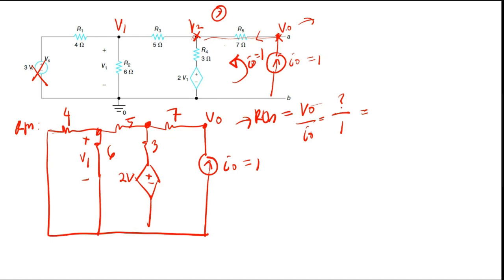So V naught minus V2 is equal to the current times the resistor, 1 times 7. So V naught is equal to 7 minus V2. Now you can get the value for V naught.